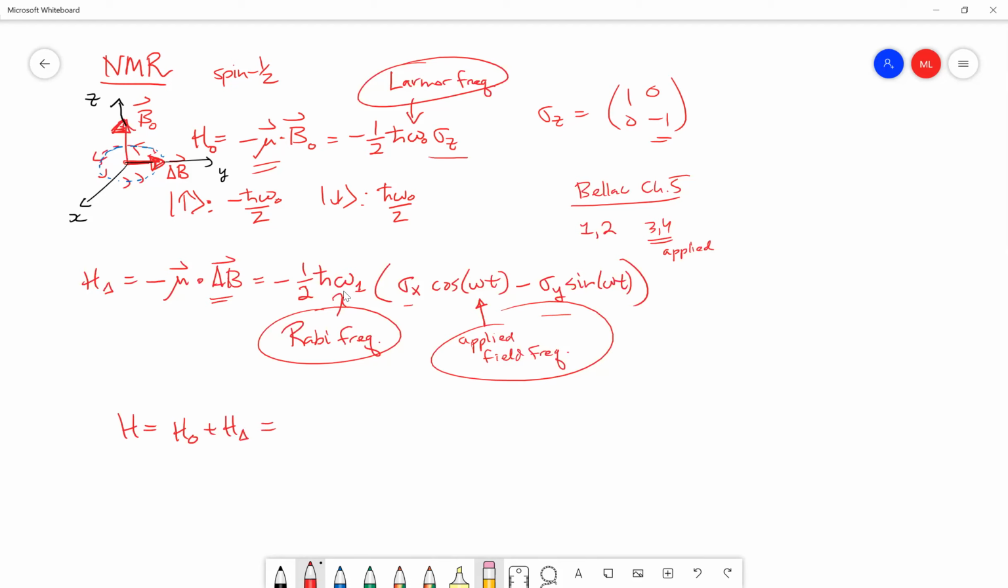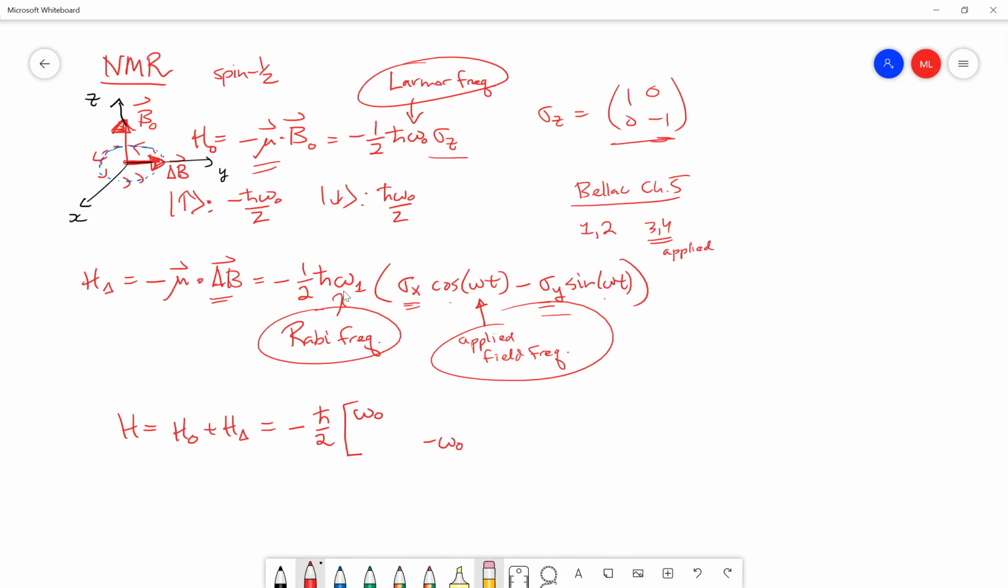And you can write it in a nice way if you expand the cosine and sine in terms of complex exponentials. You recall what the Pauli matrices are. This just reduces to minus h bar over 2. Then what do we get? On the diagonals, we get omega naught and minus omega naught.